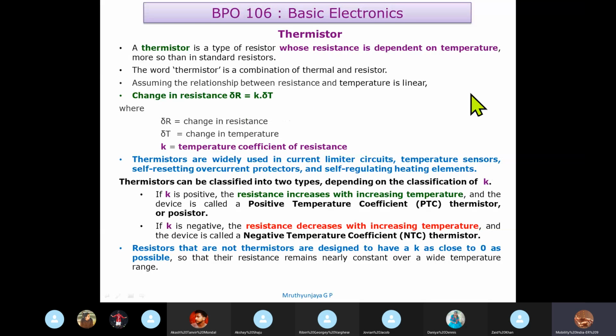So the variation of resistance value from its original value remains constant. There is no variation. Such resistors are called highly stable resistors against temperature, so that the resistance remains nearly constant over a wide temperature range. That is what is possible as applications and concepts of thermistors.